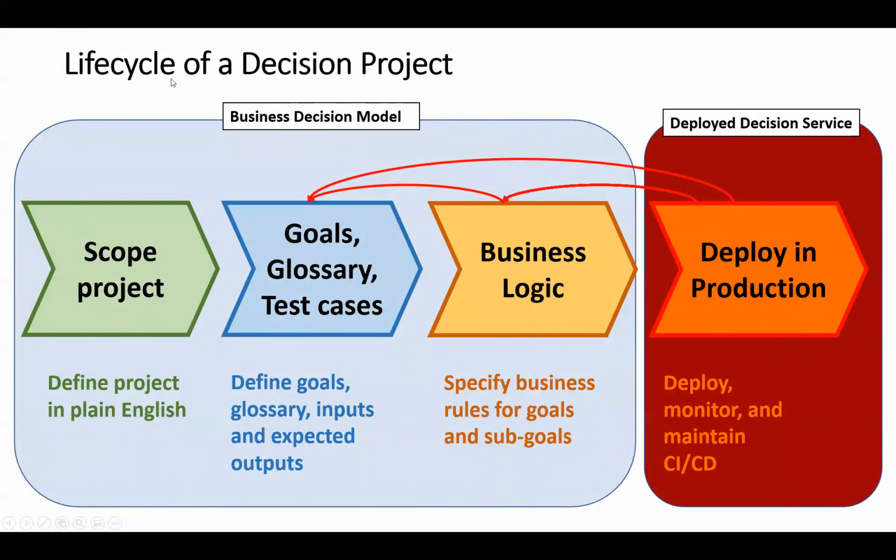And finally, I just want to stress the importance of the life cycle of your decision project. You start your decision project with just a plain English description of the scope of the project, then you define goals and immediately glossary and immediately test cases. And then you start to implement real logic that produces the right test results.